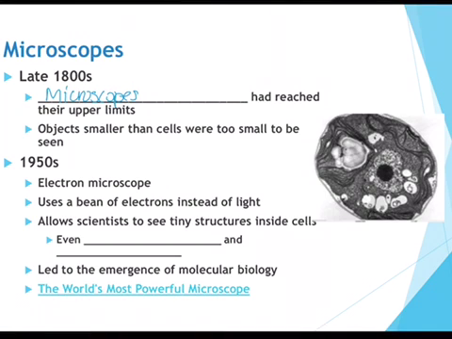This uses a beam of electrons instead of light, and this allowed scientists to see tiny structures inside cells, and it even allows scientists to see atoms and molecules. This led to the beginning of a field of biology called molecular biology.